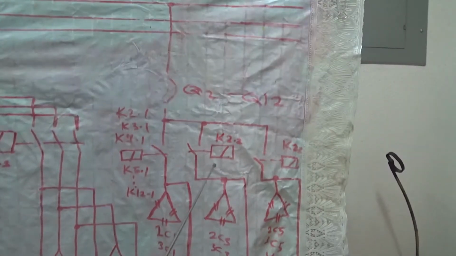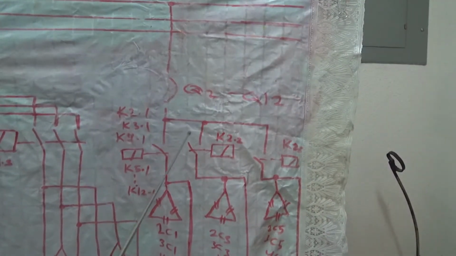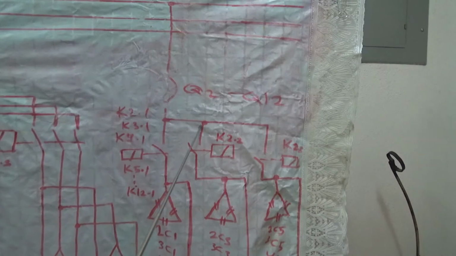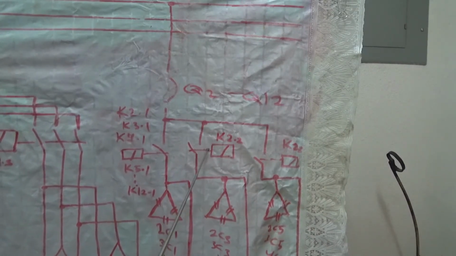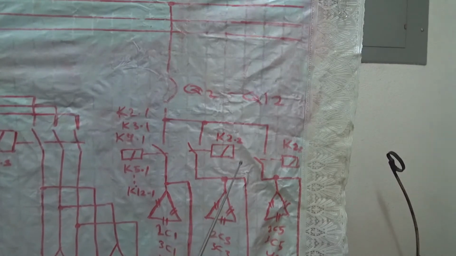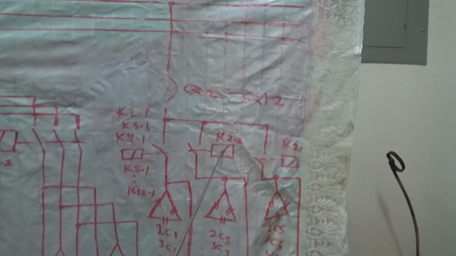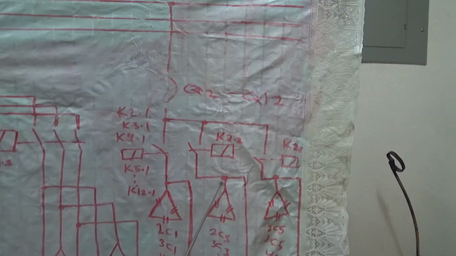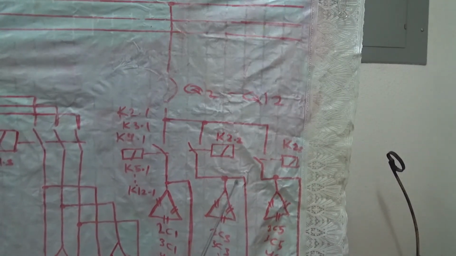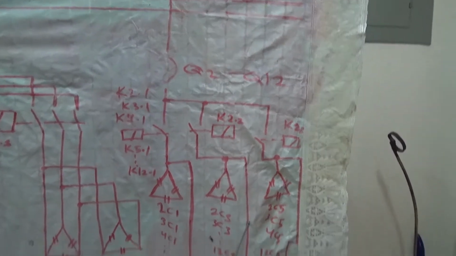Then here, as we discussed before, one breaker is protecting 3 contactor sets. So this second set is K2.2, K3.2, like this. So here this is also feeding one set of contactors, then parallel to that there is one more set of contactors.